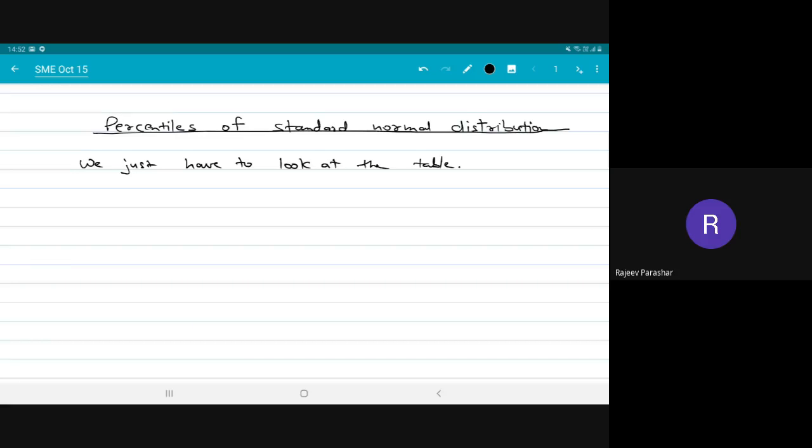This is table A.3 on pages A6 and A7. Please open that up. Let me know once you've opened up the table.